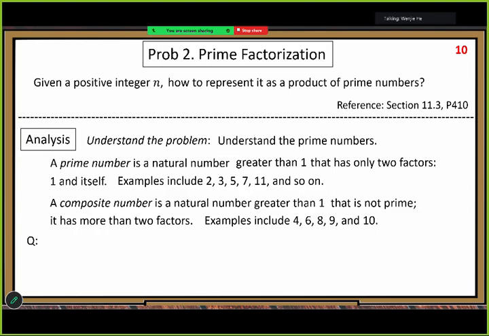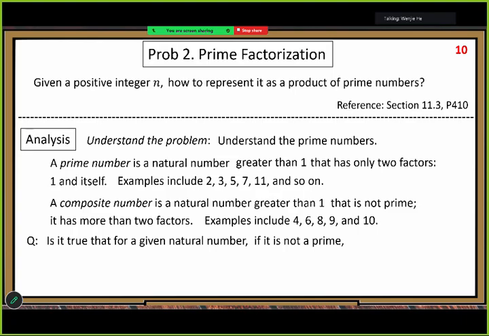Then, for some understanding question here: for a given natural number, starting from 1, 2, 3, so we call those natural numbers, not including 0. Look at the statement, because it is a question.